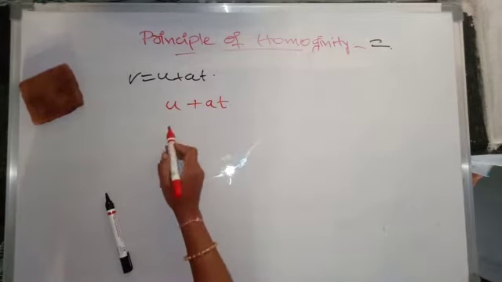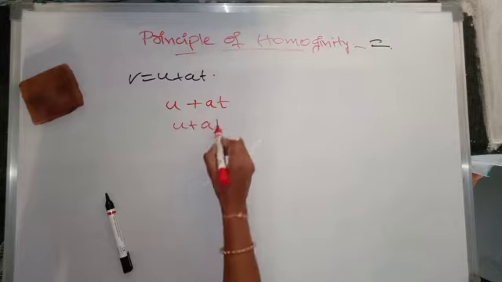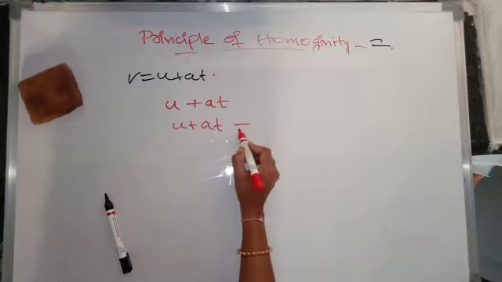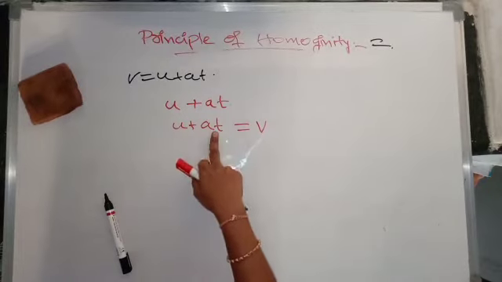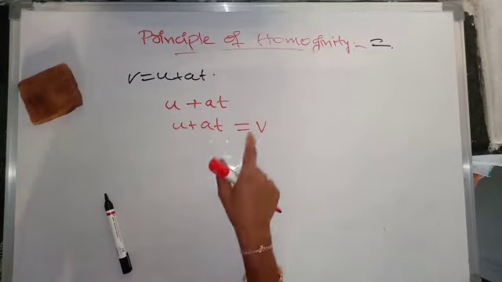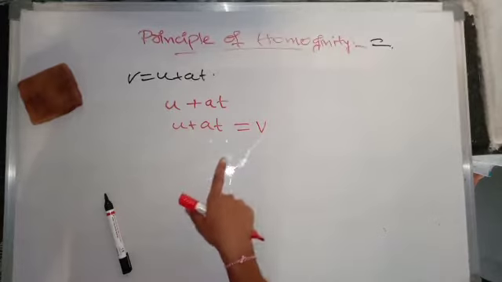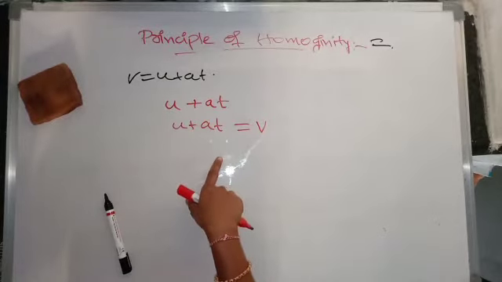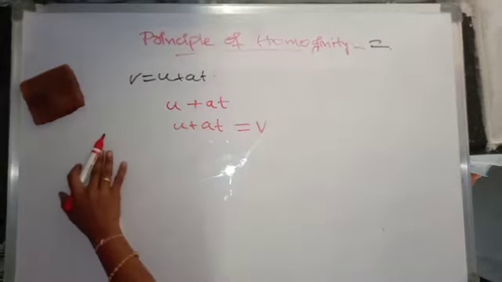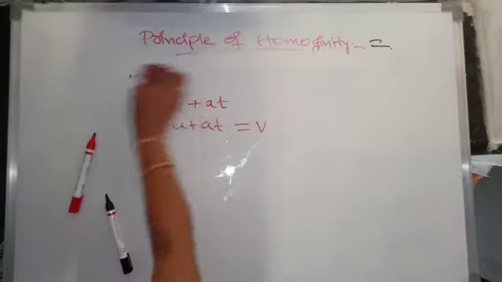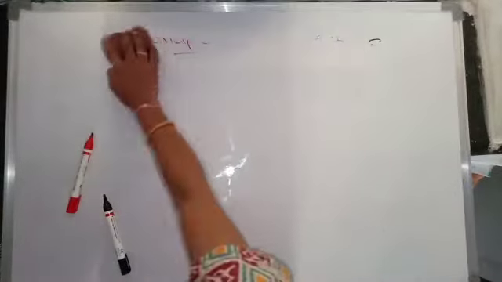And u plus at is equated with velocity v because u, at and v have the same dimensions. Physical quantities which have the same dimensions can be added, equated or subtracted. Now I will explain dimensional formulas for a few derived physical quantities.